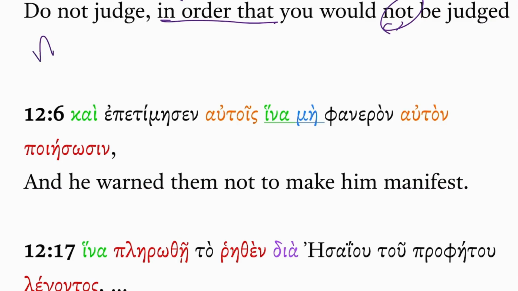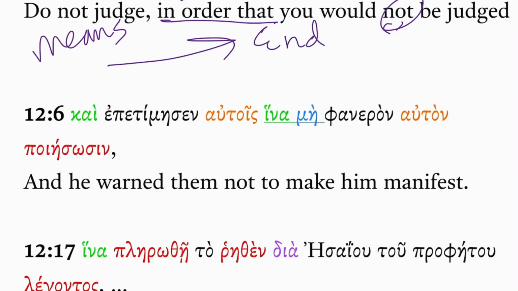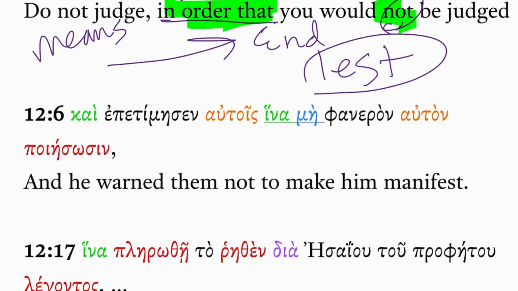This is the means, not judging, and this has a goal of not being judged. Now we could replace "in order that not" with "lest you be judged." So, "do not judge lest you be judged." Again, "lest" is one way to express a negative purpose.